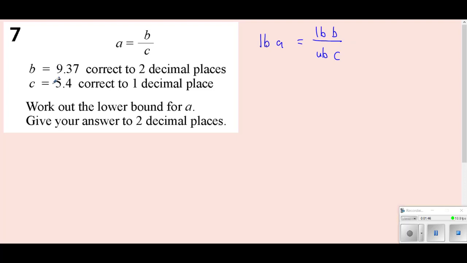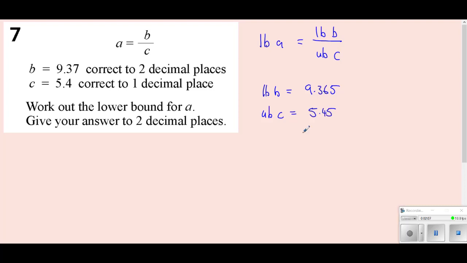The lower bound for b is going to be 9.365. Because 9.37 correct to 2 decimal places. The upper bound for c would equal 5.45. And it can't be any higher because it would then round up to 5.5 to 1 decimal place.